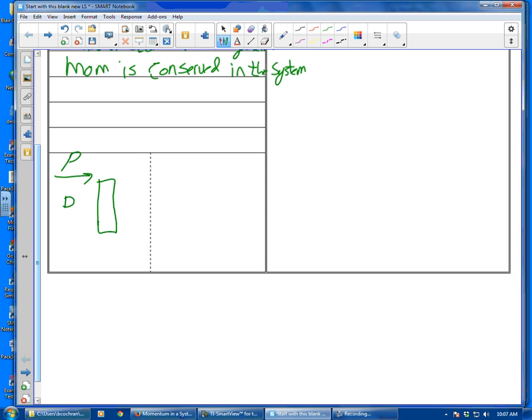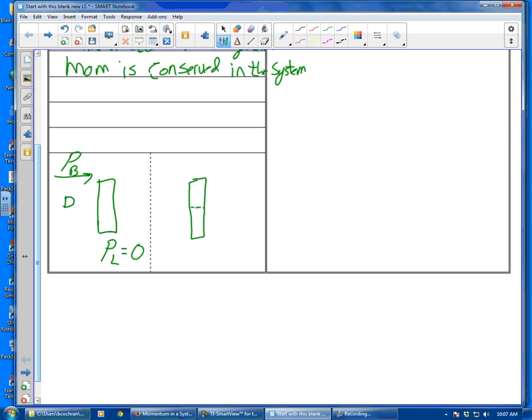The momentum of the bullet, that's beforehand. And what's the momentum of the block beforehand? Nothing. I'm going to call my block L because I don't want to call it B. Why don't I want to call it B? Because the bullet's B.